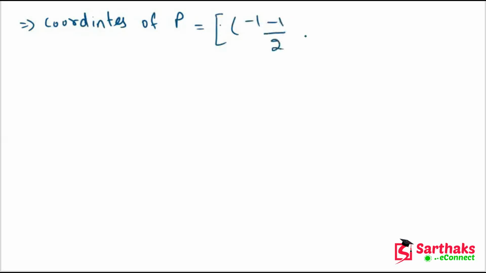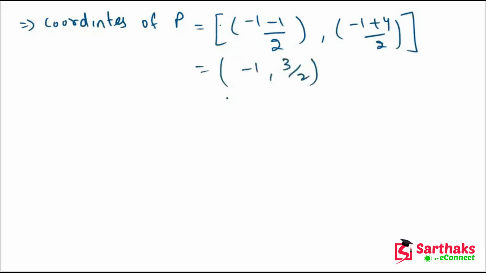The midpoint formula. So the coordinate of point P is equal to minus 1 plus minus 1 divided by 2, comma, minus 1 plus 4 divided by 2, because we know x1 plus x2 upon 2 and y1 plus y2 upon 2. From this we get minus 1 comma 3 upon 2.